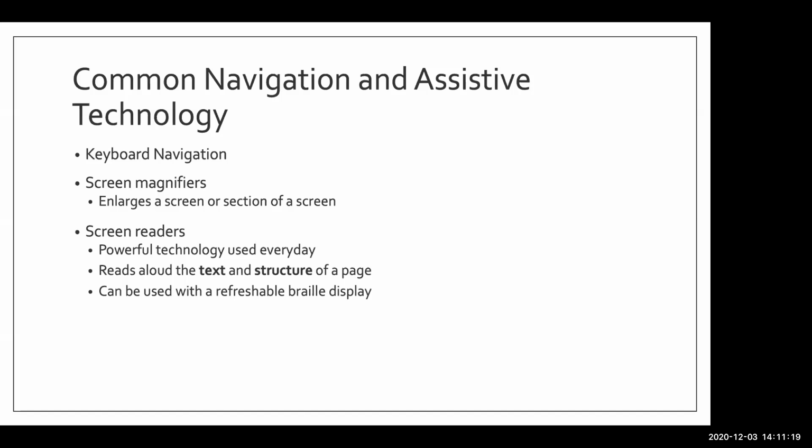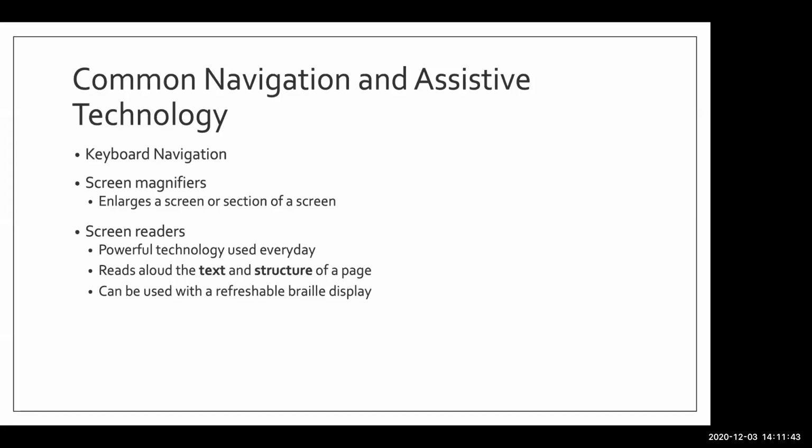Now, two other software and techniques to know about are screen magnifiers and screen readers. So screen magnifiers are basically a digital magnifying glass, right? It's software that can enlarge an entire screen or just a section of a screen that you can move around.